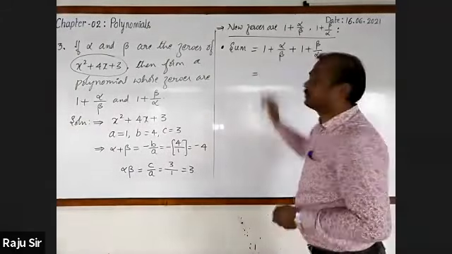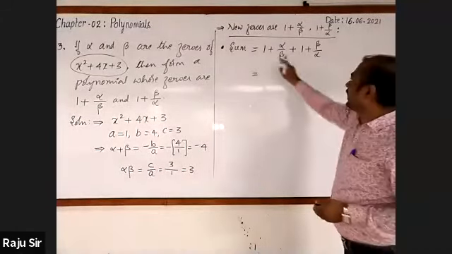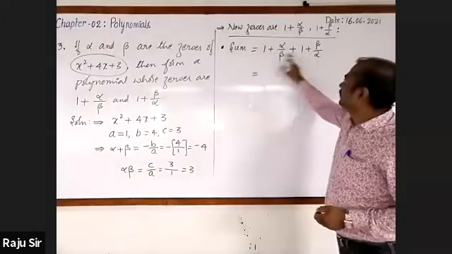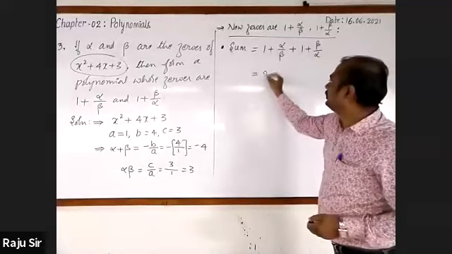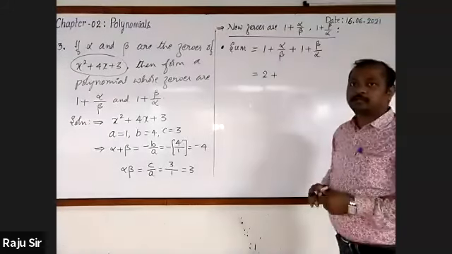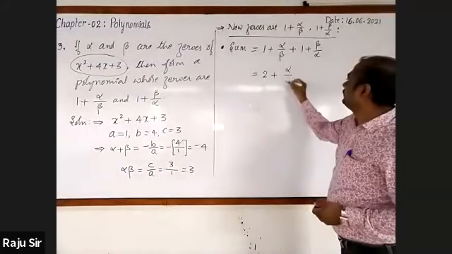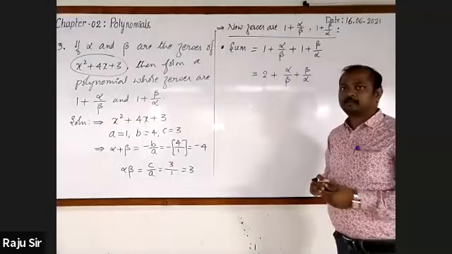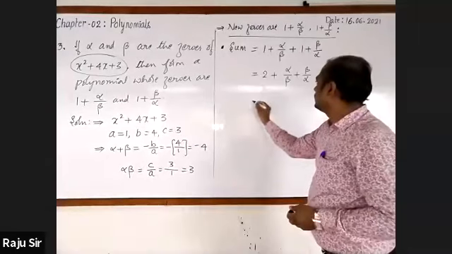Then this is equal to, just go for adding the numbers. Okay, here is 1, here is 1. 1 plus 1 is 2 plus remaining alpha by beta plus beta by alpha.